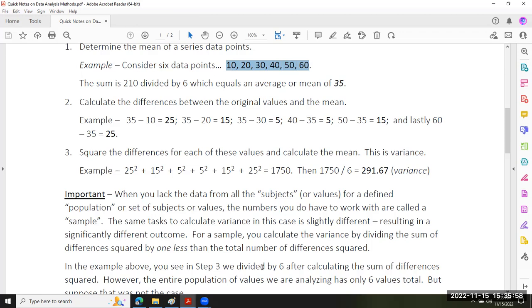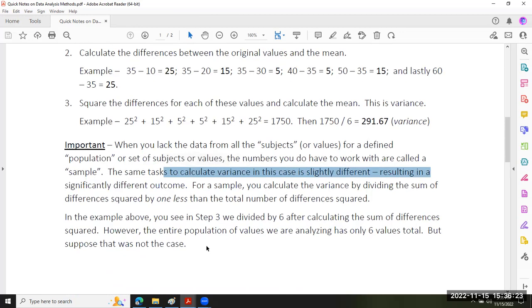Even though you take great care to randomly sample values or measurements, depending on how the sample is conducted, you can get some significantly different outcomes, right?